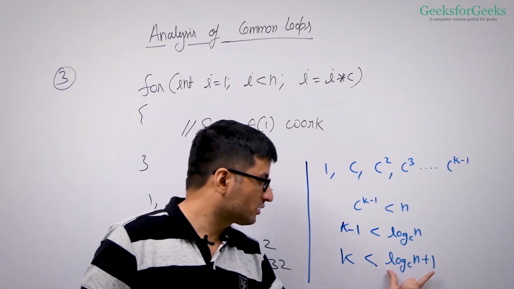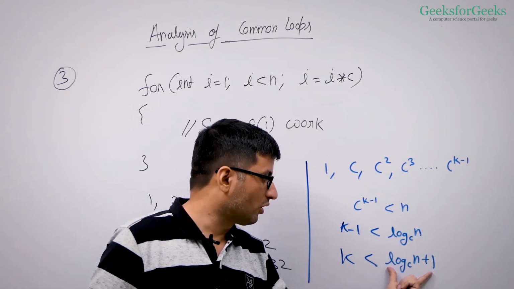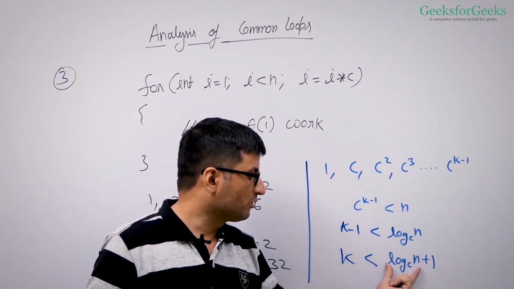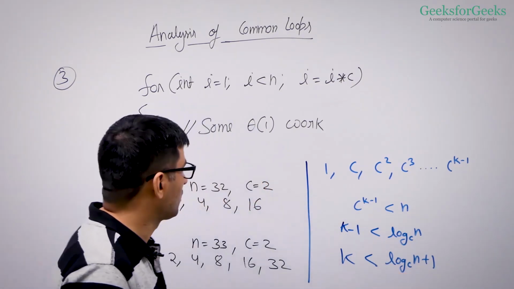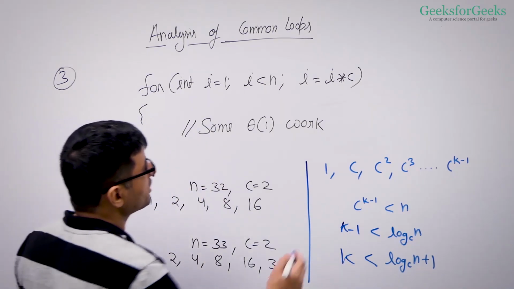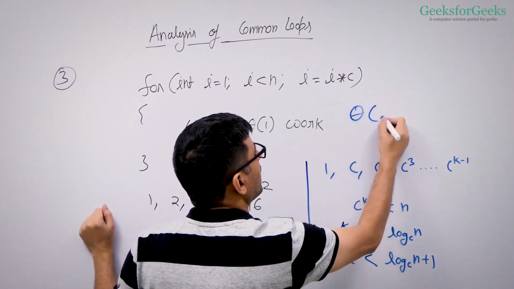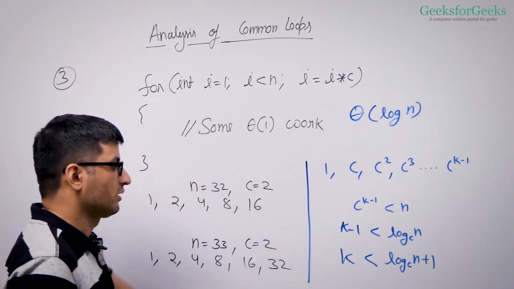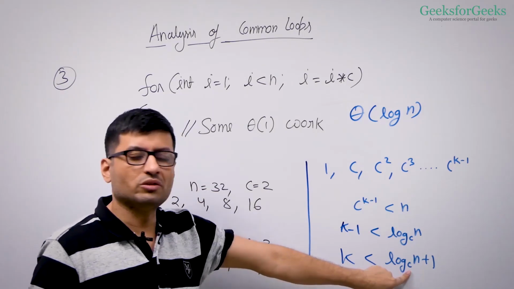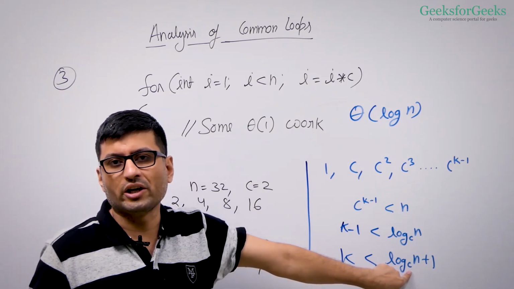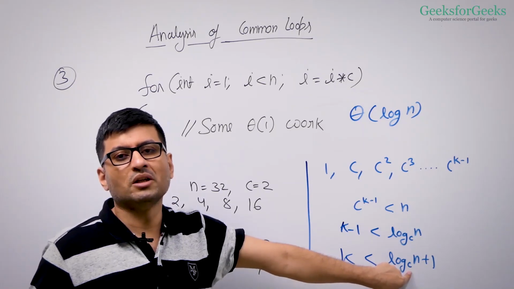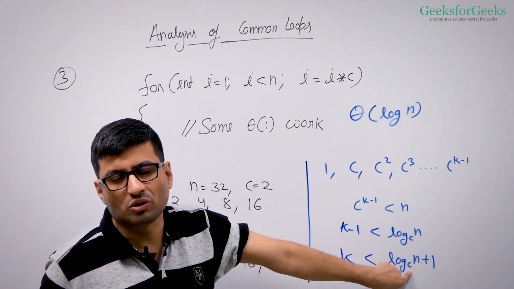So what is the value or order of growth of this expression? You can ignore the lower order term and you can say it's log n. So the order of growth of this particular loop is theta log n. And please remember one thing, the base of log does not matter. If your base is 2, you can convert it to base 10 or any other number, 100 or 50, by just doing some multiplications and divisions with some constant values.